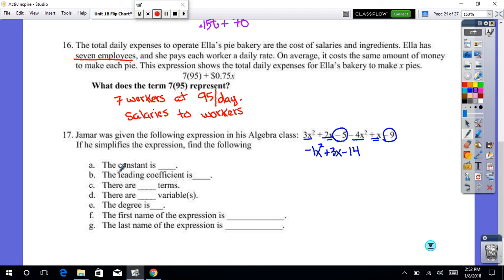Okay, so if we answer these questions, the constant is now negative 14. The leading coefficient is negative 1.